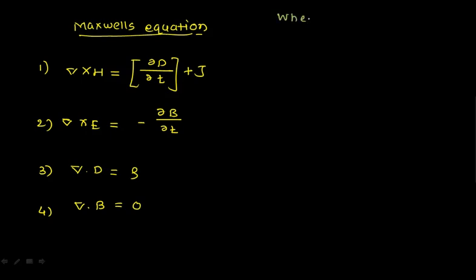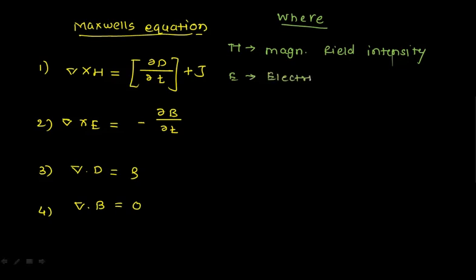So if I'm going for this H, what this H stands for, this is the magnetic field intensity. What about this E? This E stands for electric field intensity. I'm just writing some of the terms which I'm going to use later.